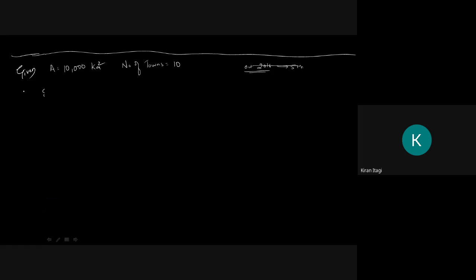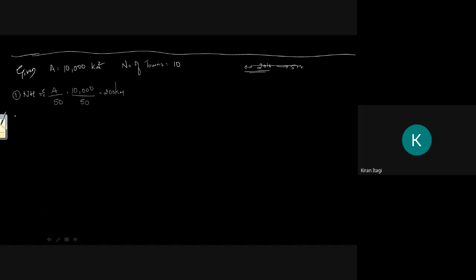Length of national highway, we have the formula, that is area upon how much? 50. What is the area? It is 10,000 upon 50. So how much are you getting? You are getting 200 kilometer.